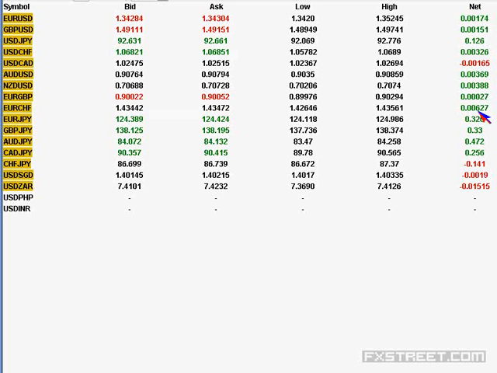It has gained nearly 62 pips from the Friday close. Then with regard to yen, Euro yen and GBP yen are also showing net change positive. Euro yen is around 32 pips positive, and GBP yen is also around 32 pips positive.